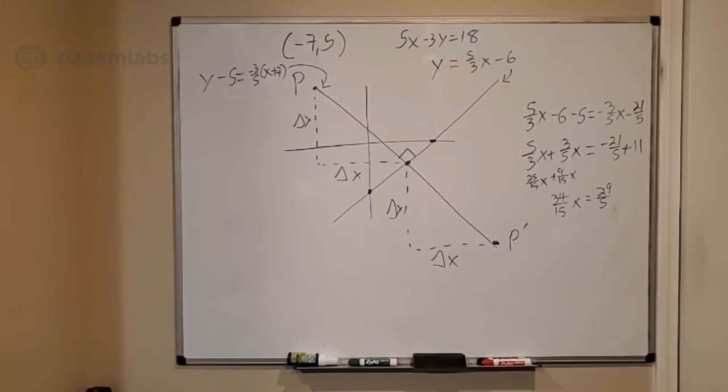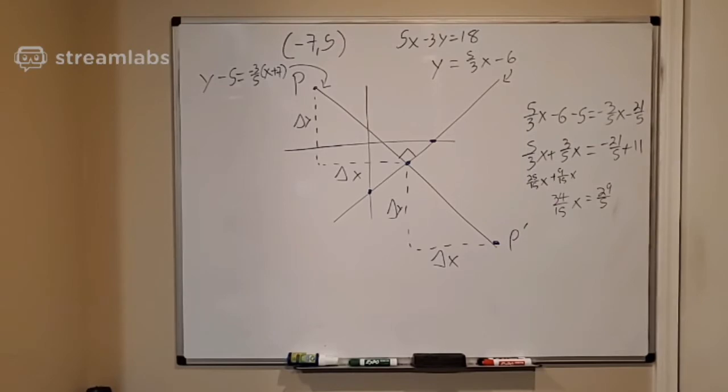Oh, no, that looks like I made a mistake somewhere. Did I move that over properly? Yeah, it's 5/3 x minus 6. Yep.